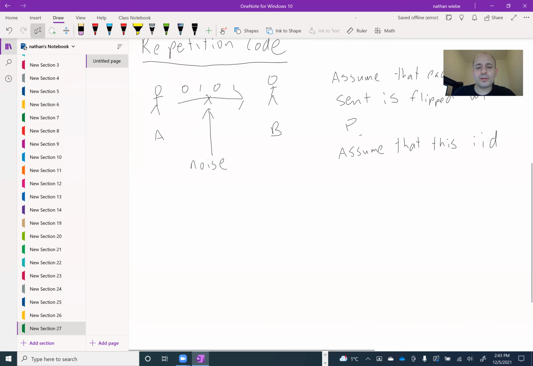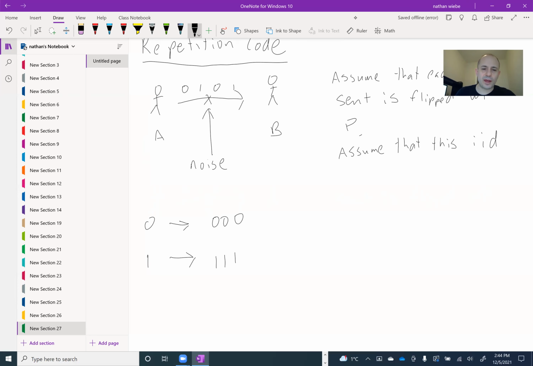So given this particular case, a natural strategy for Alice and Bob to settle on before coming in is to say, well, let's take our logical bits that we want to send across and encode them redundantly. So here's a simple way that we can redundantly encode as 3 zeros or 3 ones.